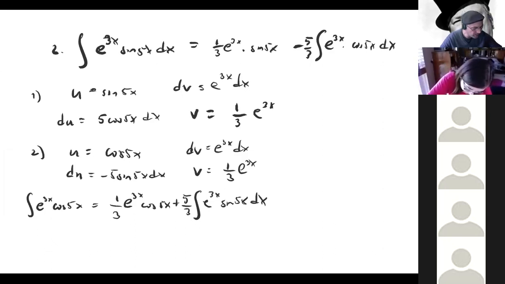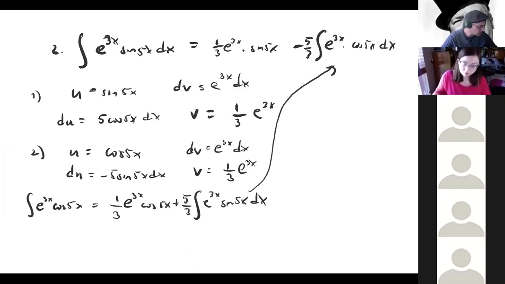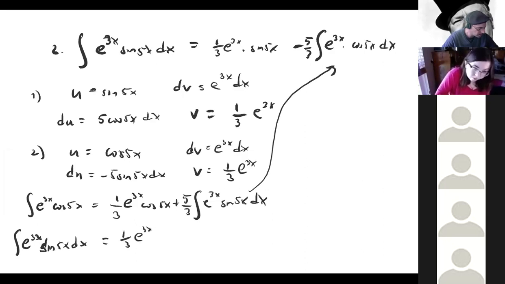So now the plan is to just substitute this expression into here. So I'm going to do that now. The left side of the equation, the top line, is the integral of e to the 3x sine 5x dx, which is equal to 1/3 e to the 3x times sine 5x, minus 5/3.